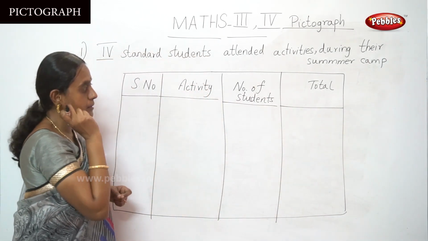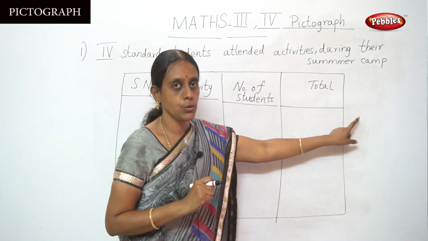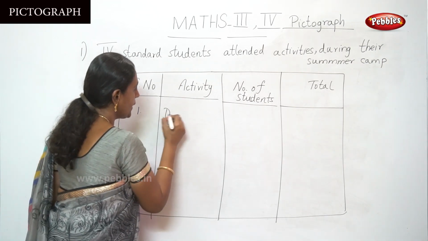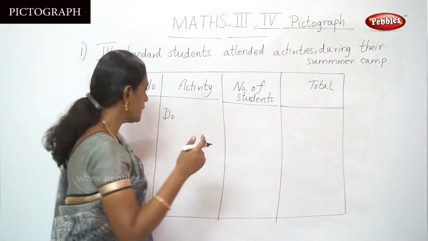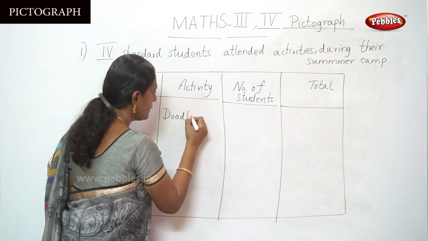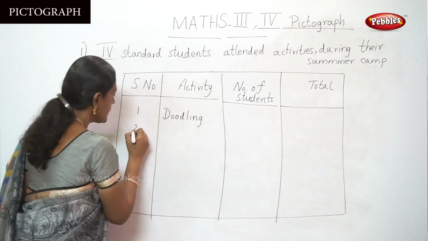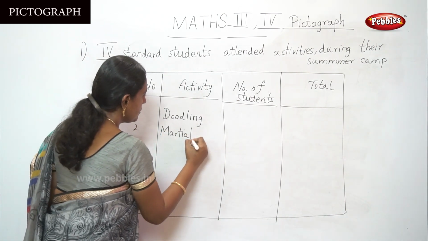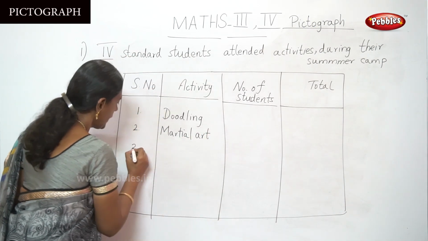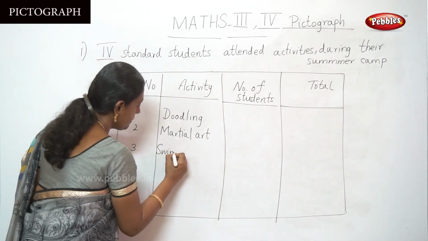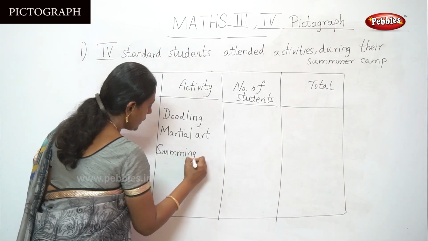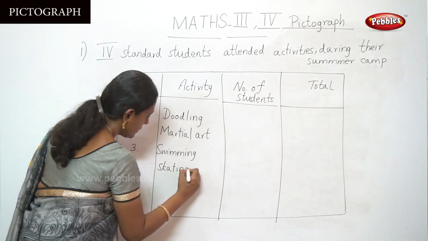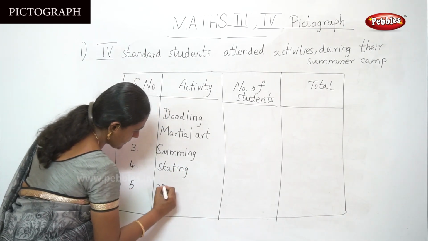And the pictograph representation I will show here. The first activity is doodling. Doodling means a kind of artwork. The second one is martial art, the third one is swimming, the fourth one is skating, and the fifth one is singing.